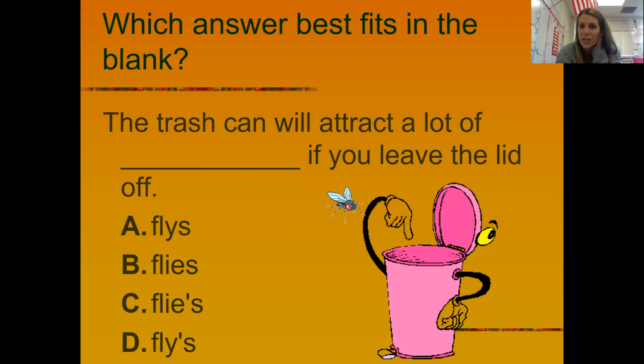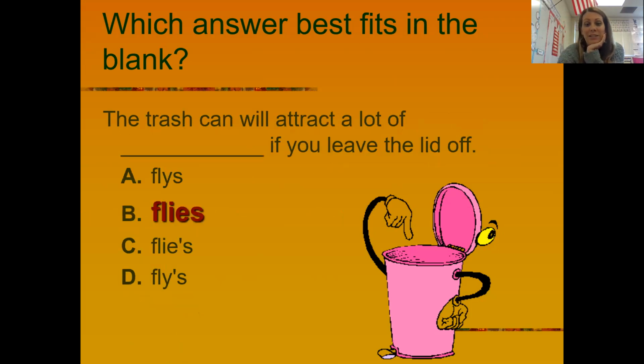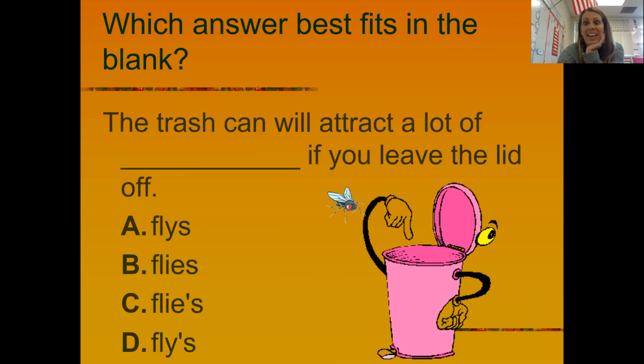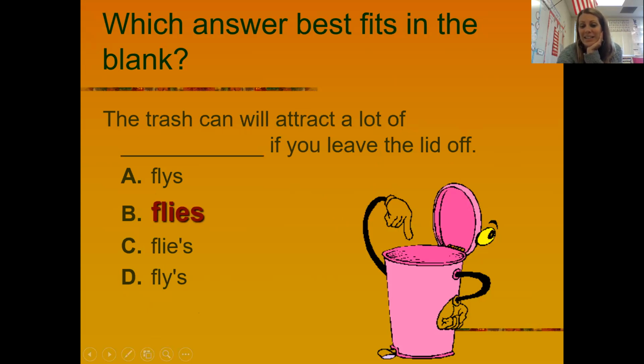Who owns the trash can? No. So we know we're not going to add an apostrophe S, right? And if it's more than one fly, we're going to add an S. But sometimes we actually have to change the spelling. We have to change the Y to an I and add ES. And here's all these flies.